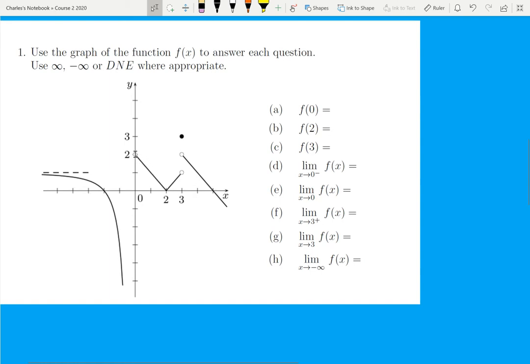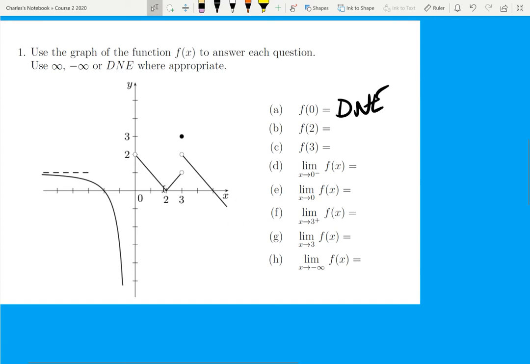Let's just look at f of 0 before I explain that rule more thoroughly. But f of 0 does not exist, right? Because f of 0 is a hole, an empty hole. So I'm going to put DNE.